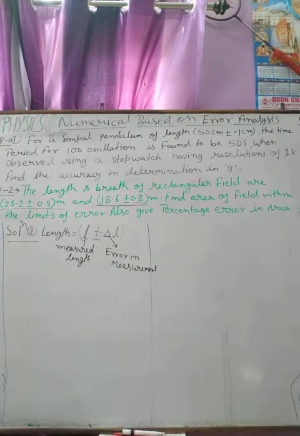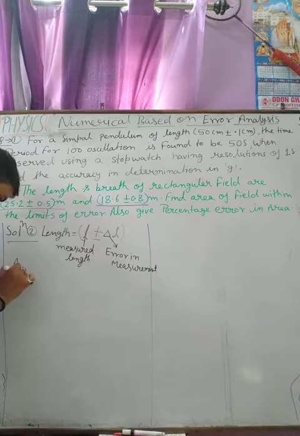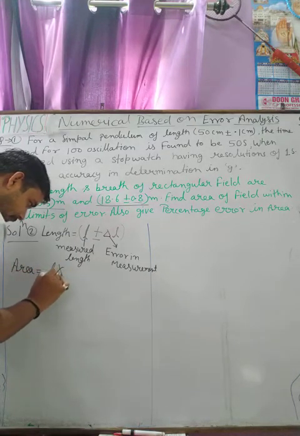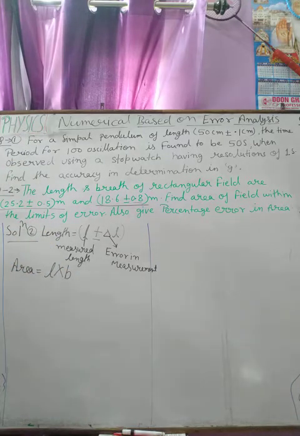Now students, we are discussing the next thing which we need to show. We all know the area of the field is length into breadth, and it is a multiplication, so we use this for the area.